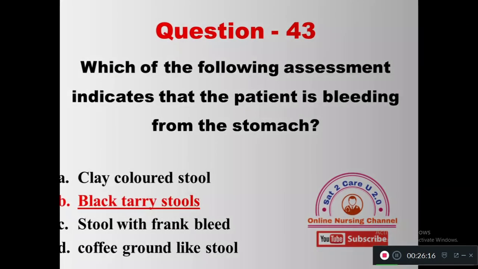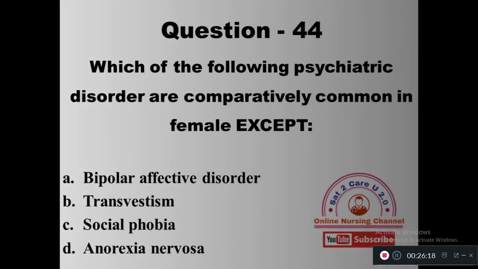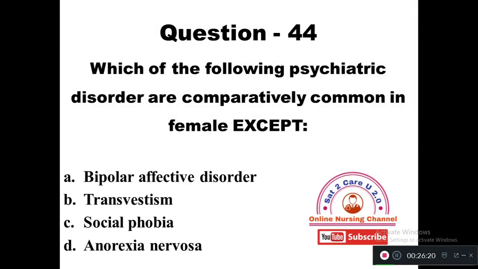Question number 44. Which of the following psychiatric disorders are comparatively common in females except option A, bipolar affective disorders, option C, transvestism, option D, social phobia, option D, anorexia nervosa.